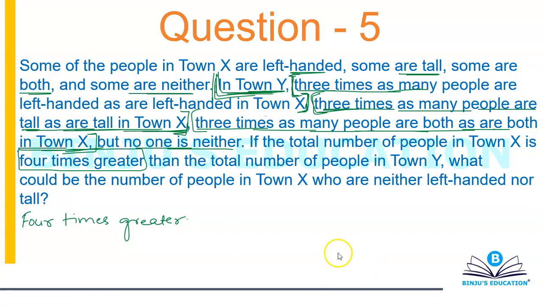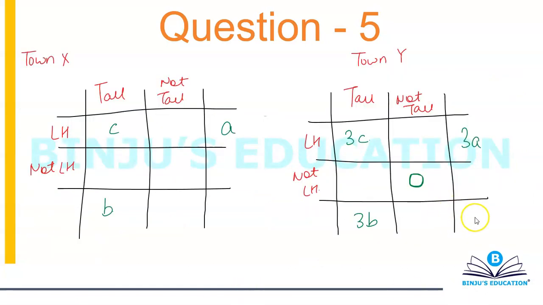So if you take the total number of people in town Y to be P, then the total number of people in town X will become P plus 4P. It's 4 times greater, 4 times more, not 4 times of. So this will become 5. So the town X total, if I take town Y to be P, will automatically become 5 times P.